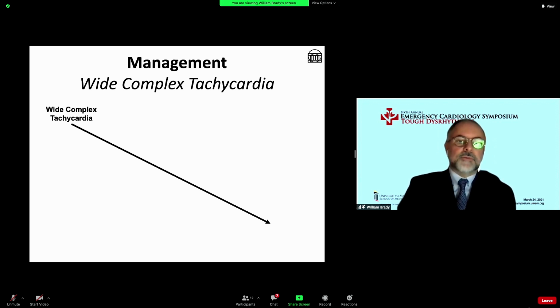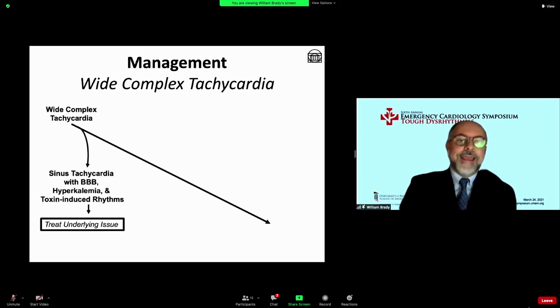In the differential diagnosis, we need to identify and exclude sinus tachycardia with bundle branch block, sinus tachycardia with hyperkalemia and a widened QRS complex, and sinus tachycardia resulting from various toxic rhythms. We need to identify these dysrhythmias and treat the underlying issue or issues.